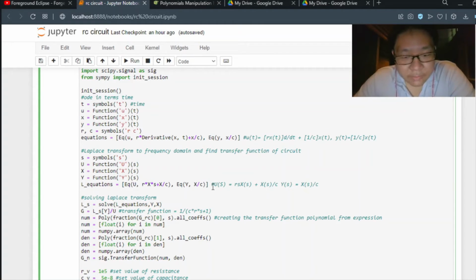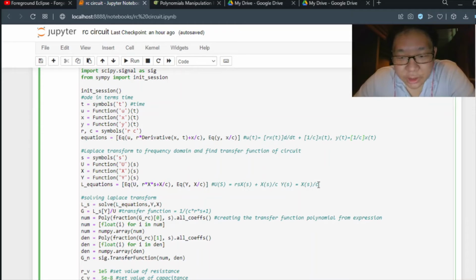And then here we have our ODE, which is U of s equals R times s times capital X of s plus capital X of s divided by C. And then Y of s becomes X of s divided by C. So if we compare the frequency domain ODE to the time domain, we can see that it's actually quite similar. So x of t becomes capital X of s, whereas the constants C and R, which are time independent, just remain the same.